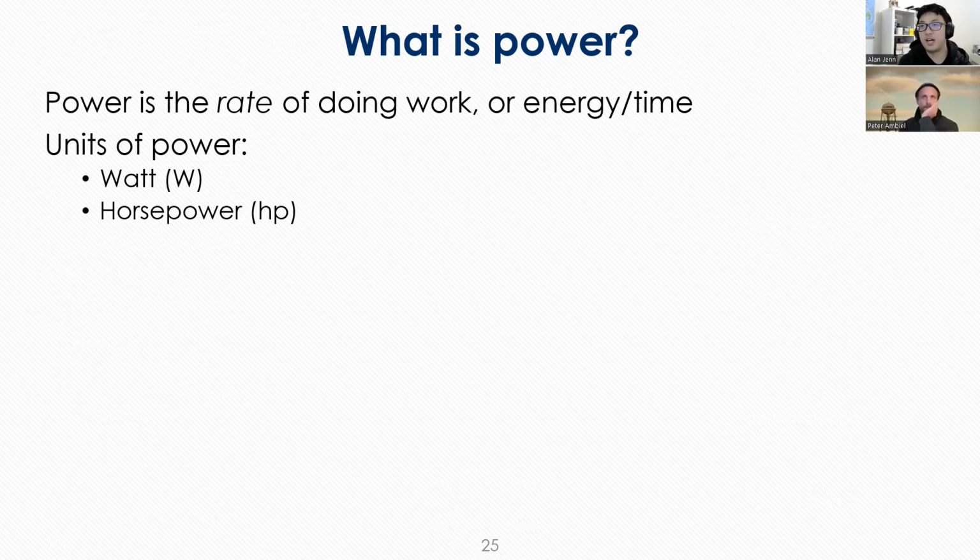If you were to move an object from point A to point B, it requires some amount of energy to do it, but you could do it very quickly, which would take a lot of power, or you could do it really slowly, which would use a lot less power, but you would need to be exerting that power for a longer period of time. So power is an important concept to describe the use of energy over time, which we measure most commonly as watts, or in units of horsepower.